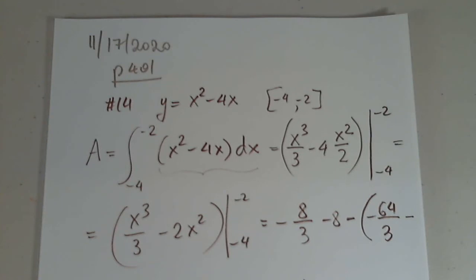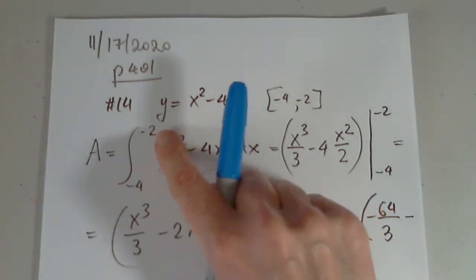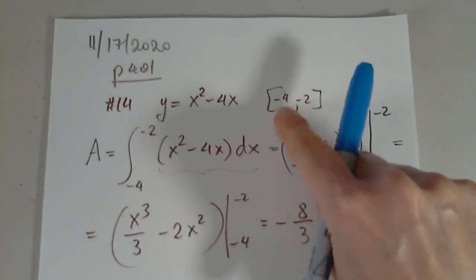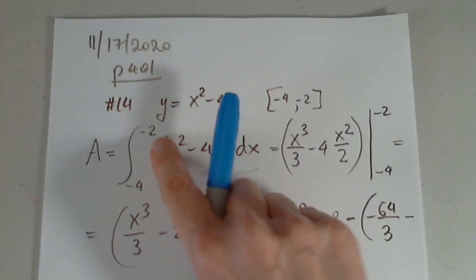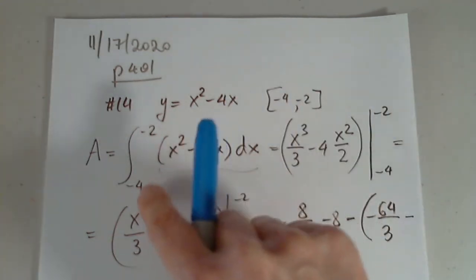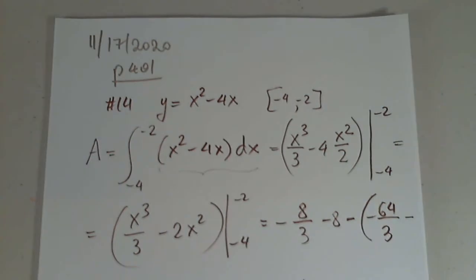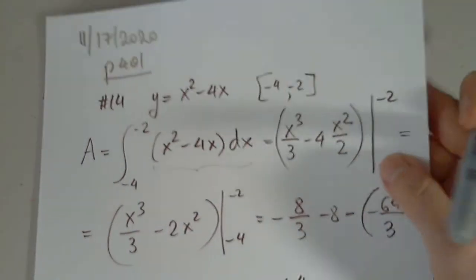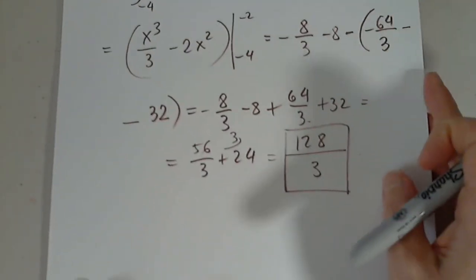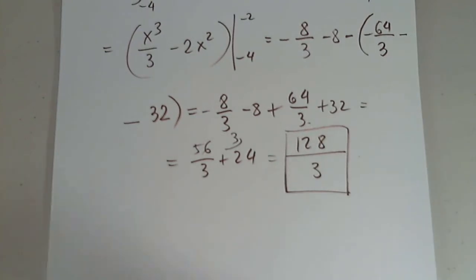So on top, is it always going to be the lesser number on top of the integral? Very good question. -2 is the bigger one, and -4 is smaller than -2. So between -4 and -2, this is the smaller and this is the higher. However, it's a perfect question, and I want to answer more to it.